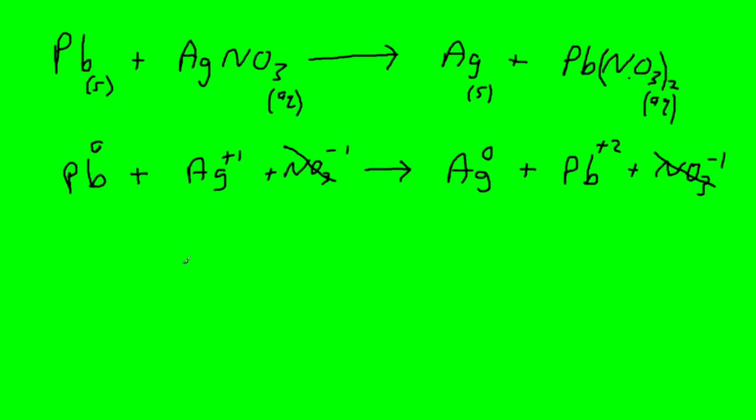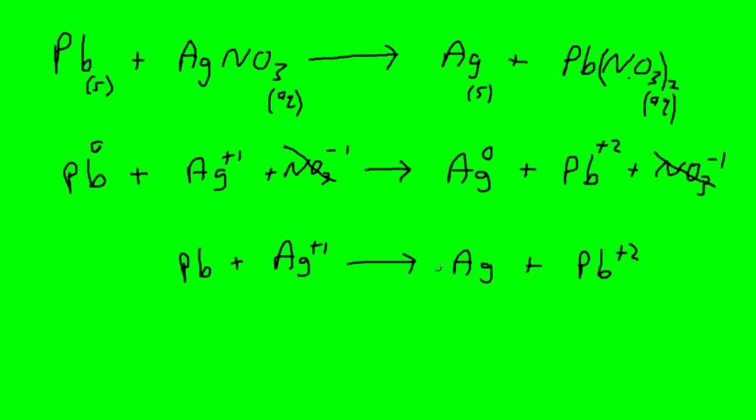So let's just write our net ionic equation, bring down what's left. We have our Pb, we have our silver with a plus 1, and we're going to make some silver solid, and we're going to have a lead ion. All right, so this is kind of a different looking reaction.